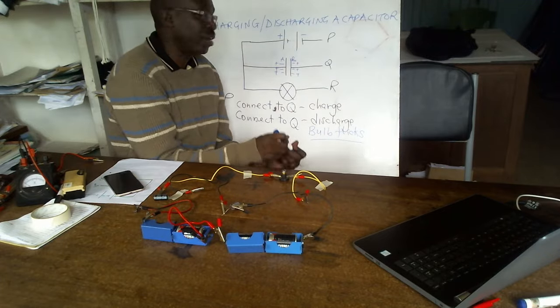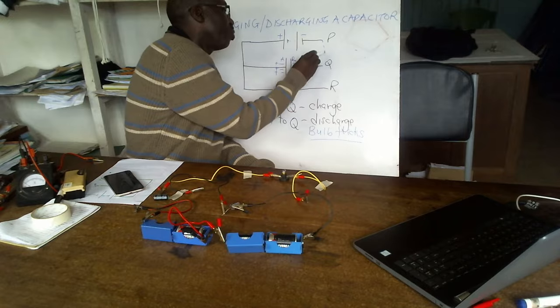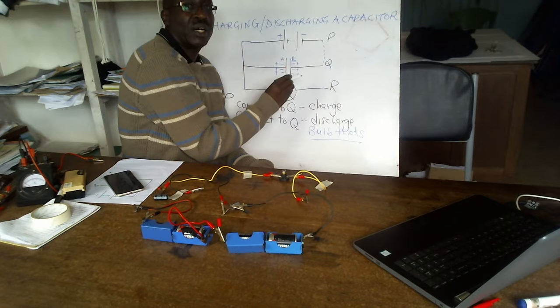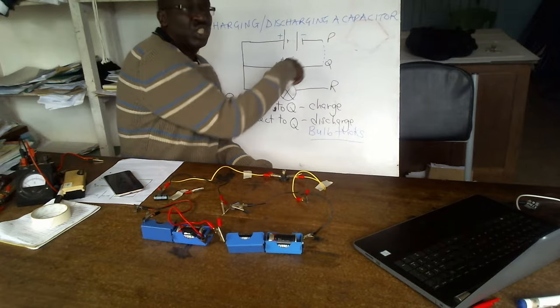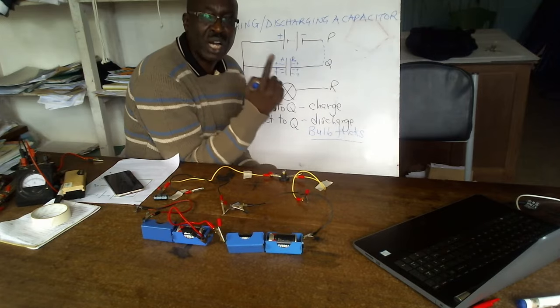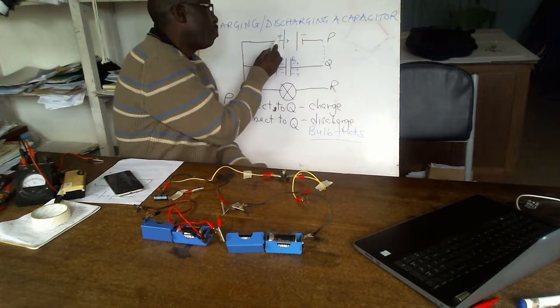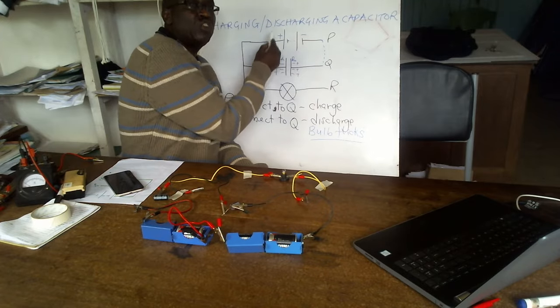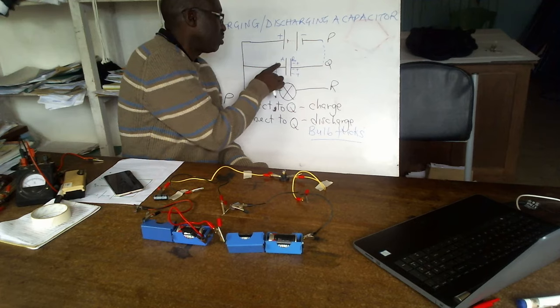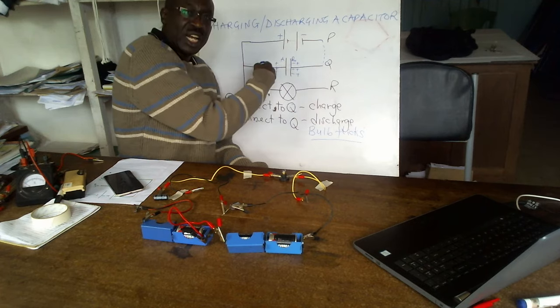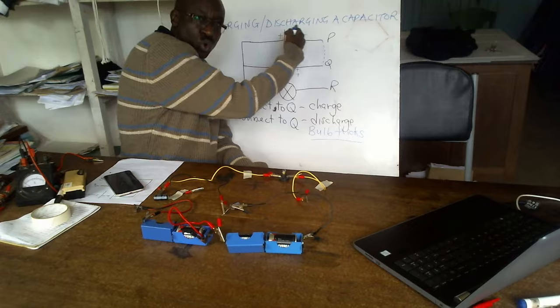So what are we saying? Should we bring this one here? Okay, so P is connected to Q. Now this is complete. Action number 1, the positive potential of the source will draw the negatives. So the negatives have been drawn.